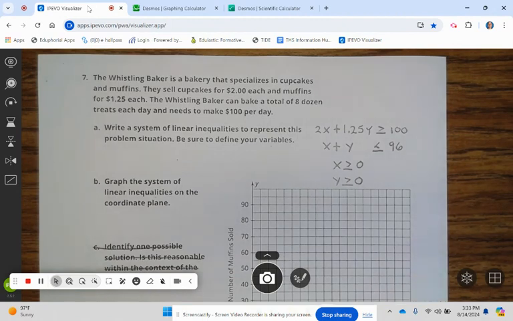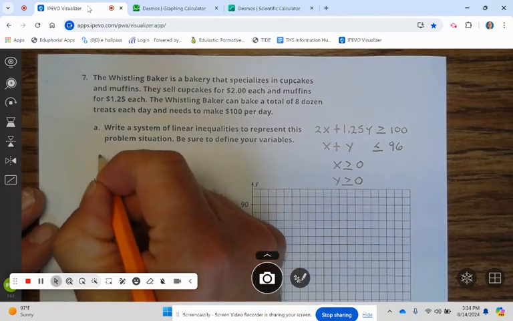All right, number 7. The Whistling Baker is a bakery that specializes in cupcakes and muffins. They sell cupcakes for $2 each and muffins for $1.25 each. The Whistling Bakery can take a total of 8 dozen treats each day and needs to make $100 per day. Write a system of linear inequalities to represent this problem situation. Be sure to define your variables.